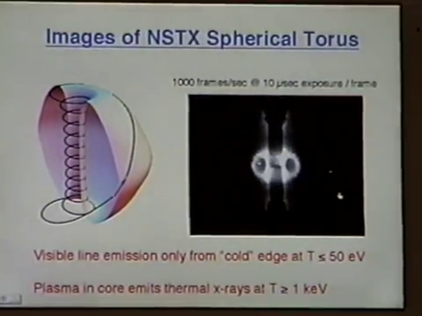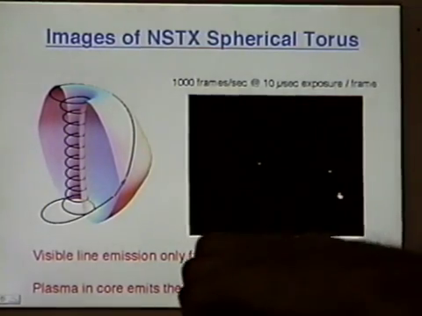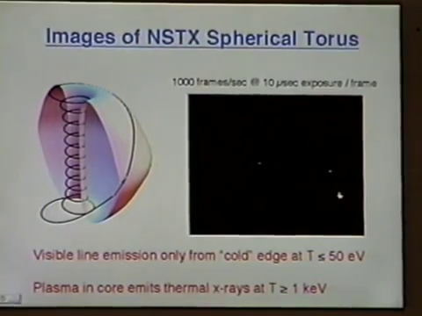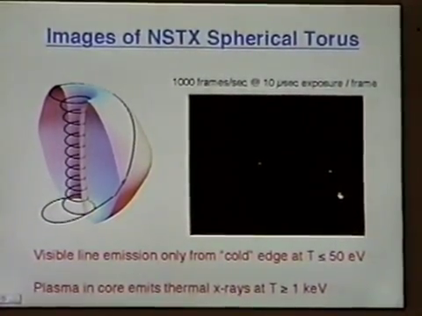But those lines are sort of a picture of turbulence from the side. That is the turbulent structure. It's very long along the direction of that magnetic field at the outside where the light is emitted, and short perpendicular to that field, which is normal for turbulence in magnetic plasmas.